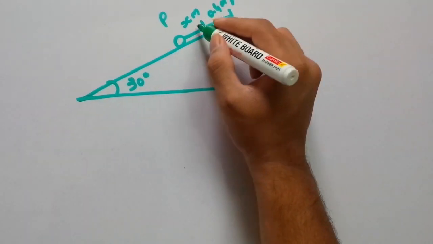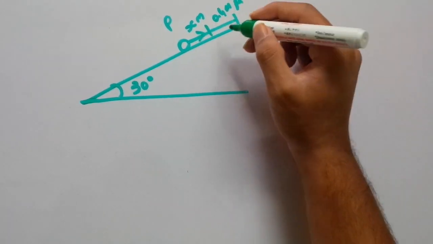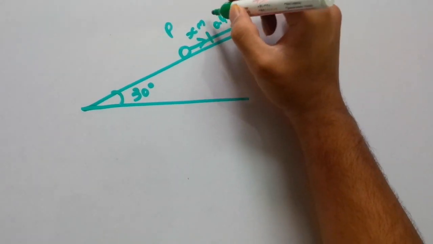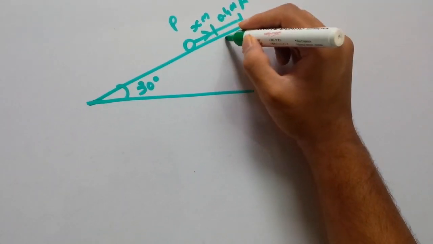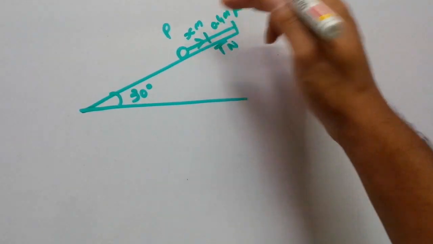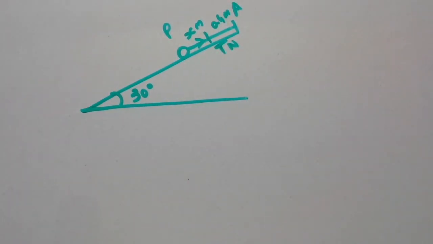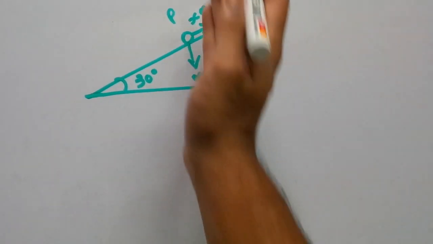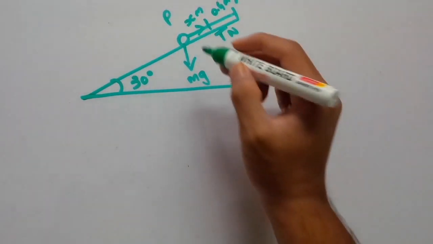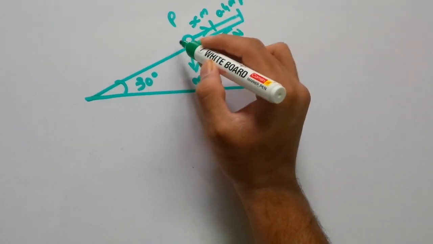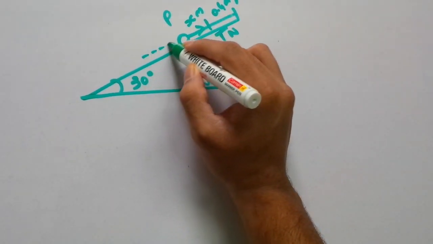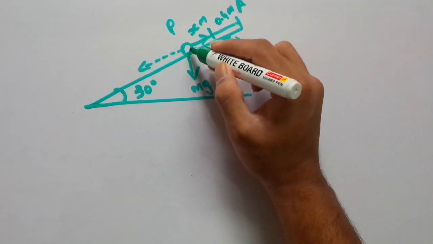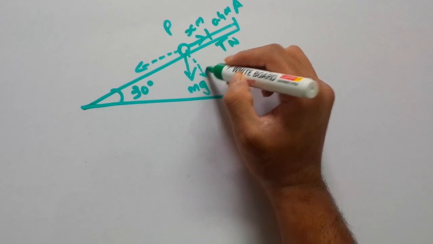As we know, there is tension acting in the string in this direction away from the particle. Let's write that as T newtons. There's the weight mg acting downwards. This force has two components, one is the horizontal component and the other is the vertical component.